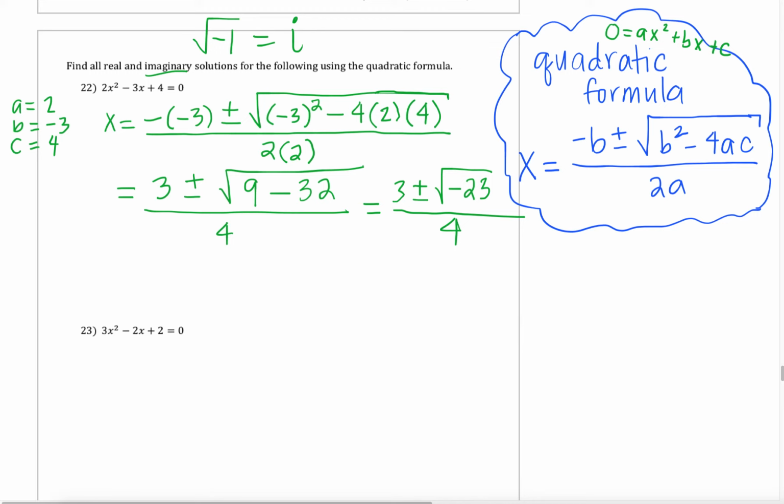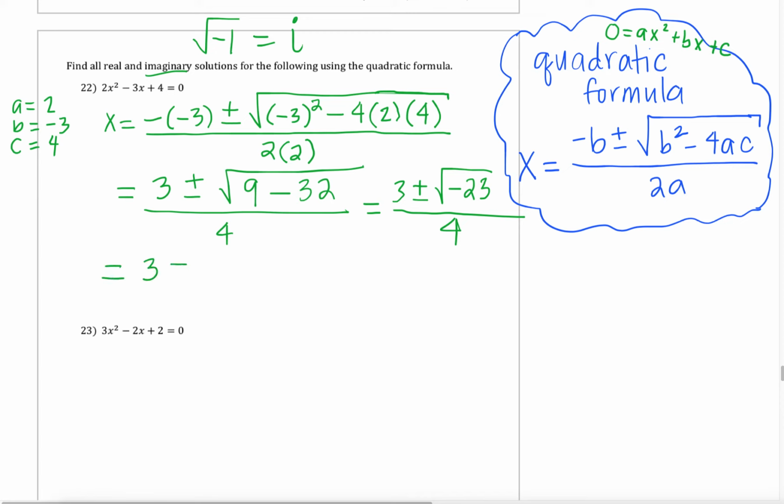And before we used to say, well, I got the square root of a negative number, so I get no real solution. And that's still true, but we know how to find the imaginary solutions now. So we're going to take this a step further and start simplifying that square root of negative 23. The first thing I can simplify is the fact that since I have a negative, the square root of -1 is equal to i.